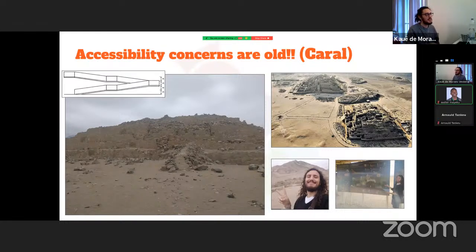It's one of the oldest settlements in that part of the world. It's from 5,000 years ago, and they already had these parts to rest when going from the lower parts to the upper part of those pyramids.